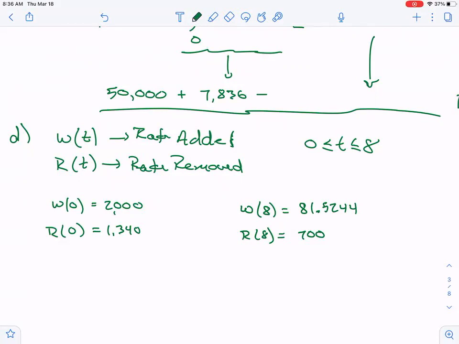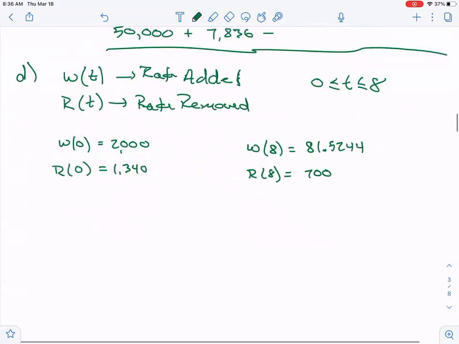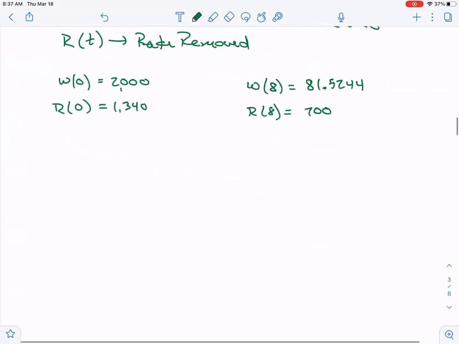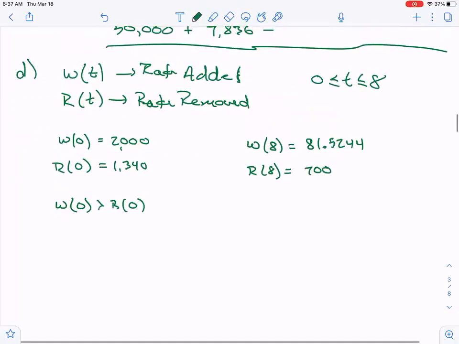Okay, so let's look at what we've got here. We're basically saying when time is 0, W at 0 is greater than R at 0. So the rate that the water is being added at time 0 is greater than the rate that the water is being pumped out.